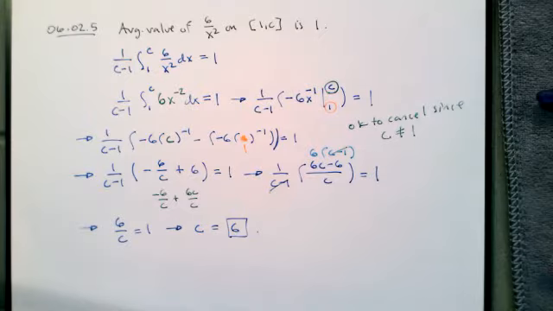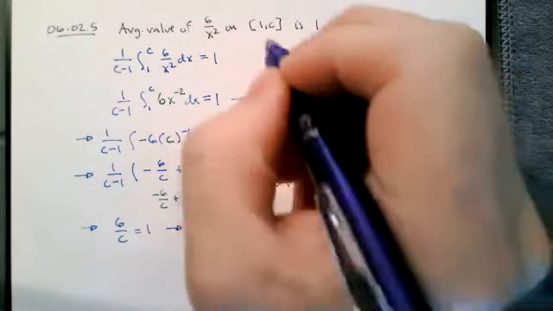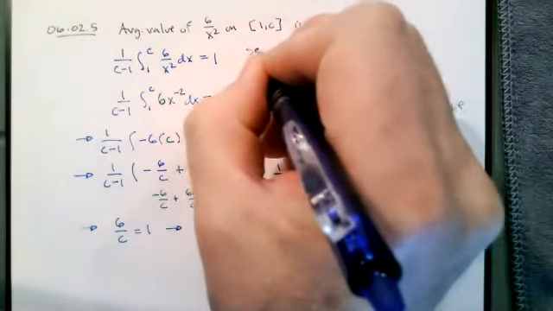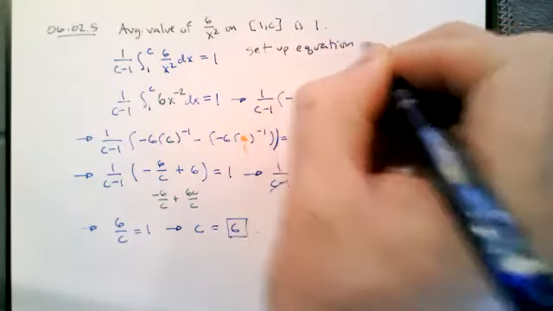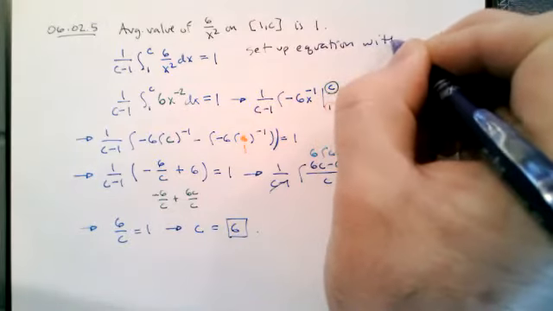This problem followed the same structure as the previous two problems. We set up an equation involving a definite integral, and we use the fundamental theorem of calculus to remove the definite integral part and get us to a nice equation. That was our strategy: first, set up an equation with a definite integral.